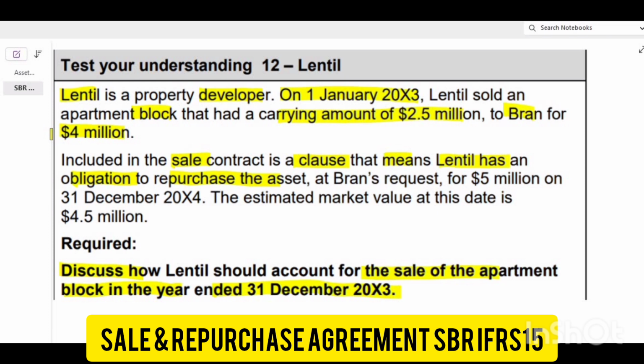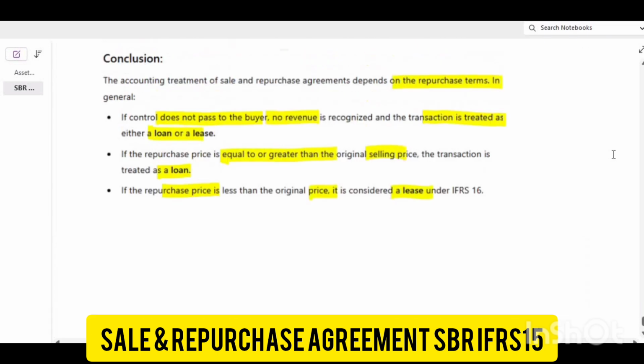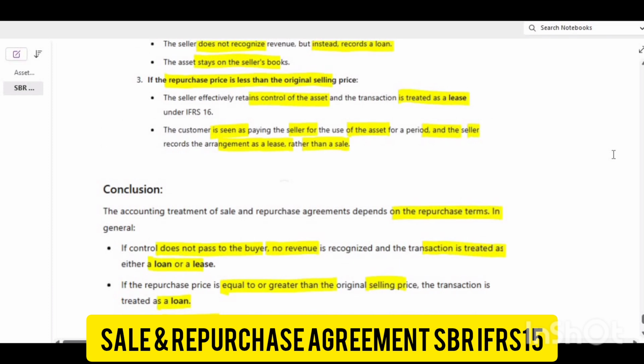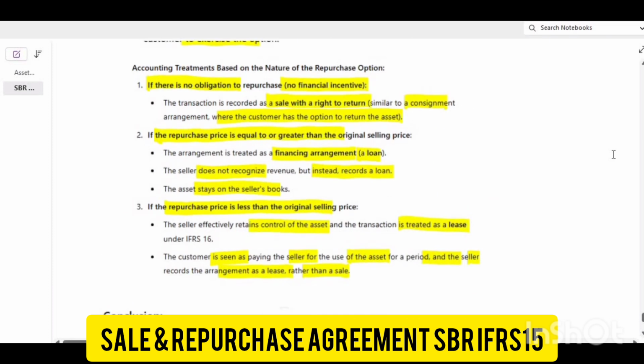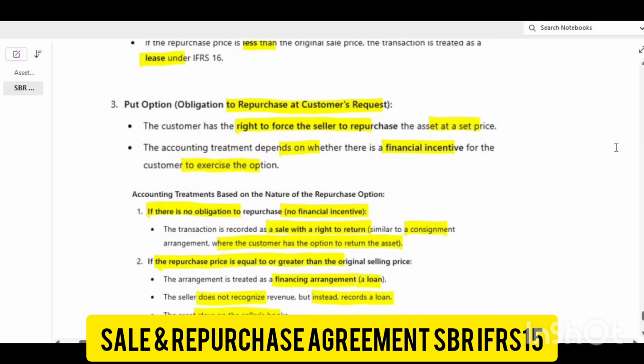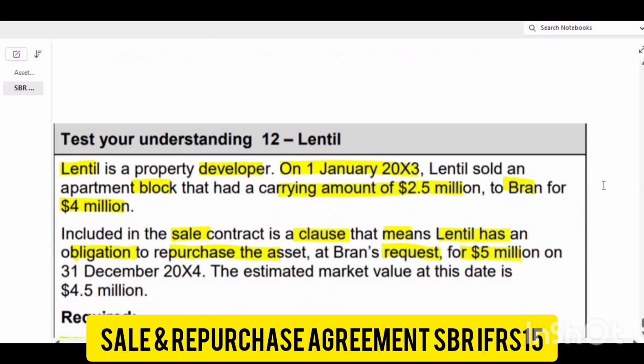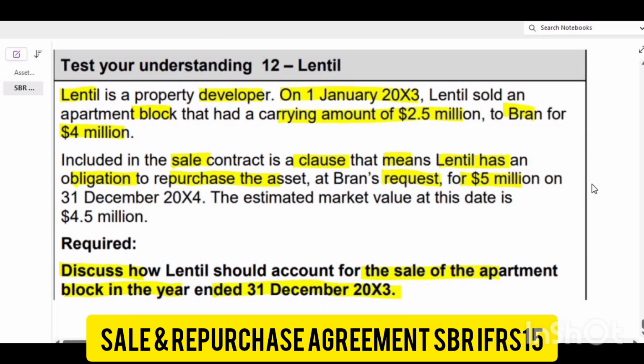Clear? At the request, so this is at the customer's request. We have studied how you will treat a scenario like this. This is called a put option, meaning to repurchase at the customer's request. Clear? Good.